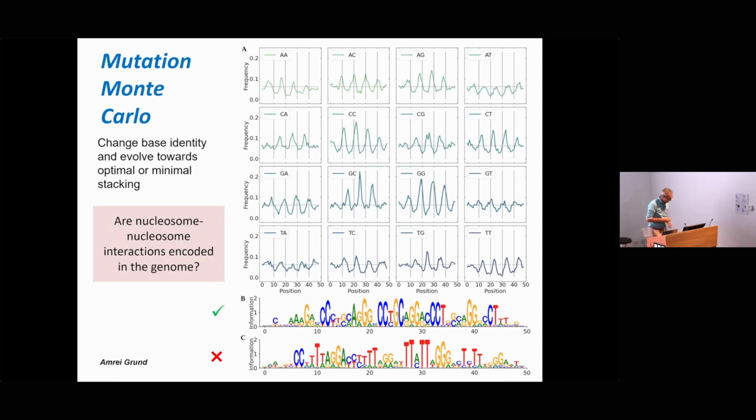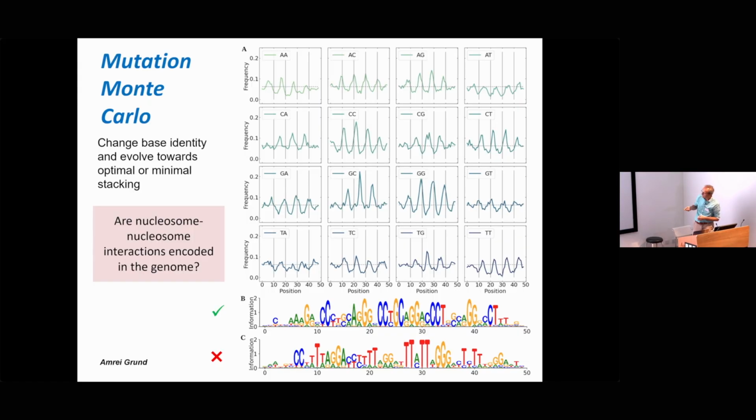But then we can go back to our simulations again, and we can do mutations computationally. And in fact, we can evolve sequences such that stacking is optimized, or we can evolve sequences that inhibit stacking. And then what you can see is, well, these are optimal for stacking, these are optimal for non-stacking.